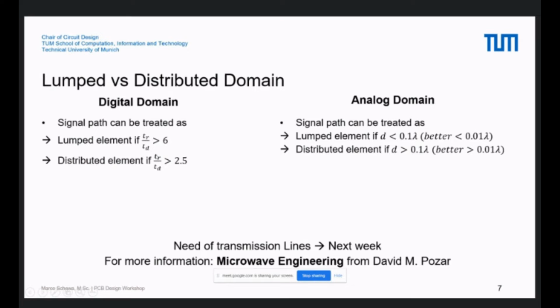And if the rise time divided by the time delay is smaller than 2.5, then you have to calculate with distributed elements, because at this point the phase is very important.